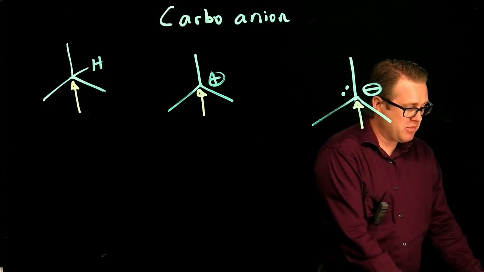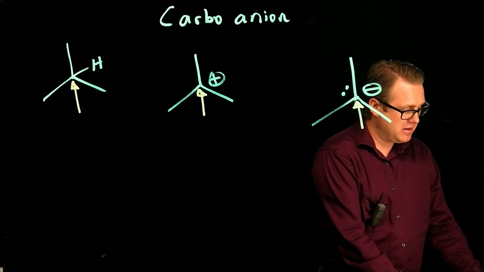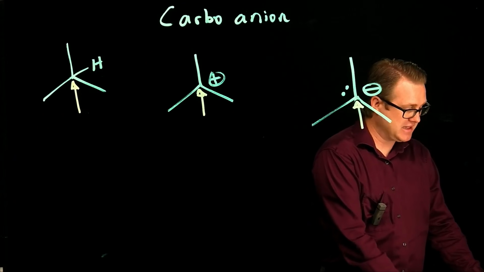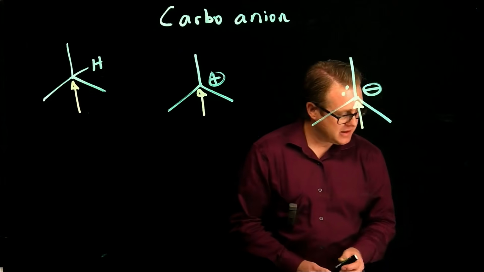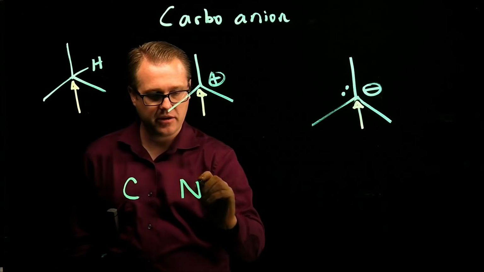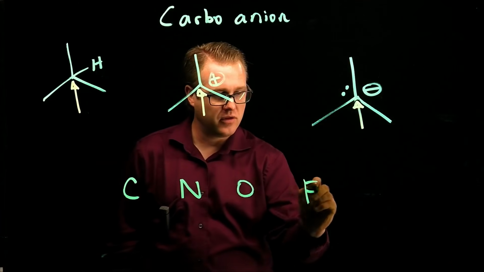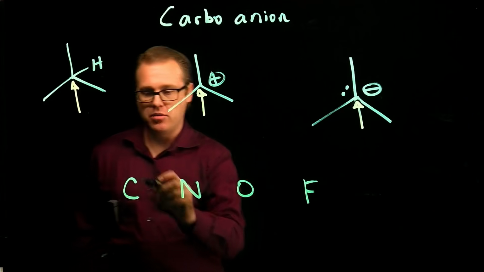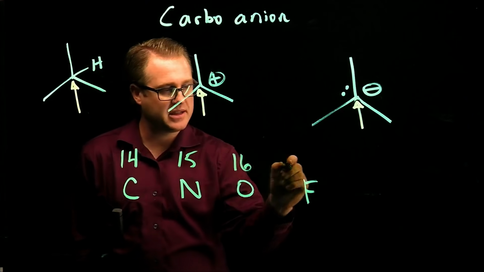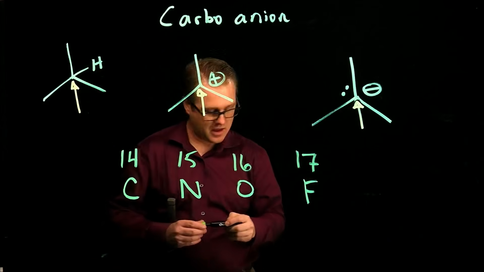Carbon has a number of 14 above it, and nitrogen has a number of 15, oxygen has 16, and fluorine has 17. So it looks like this: carbon, nitrogen, oxygen, fluorine.